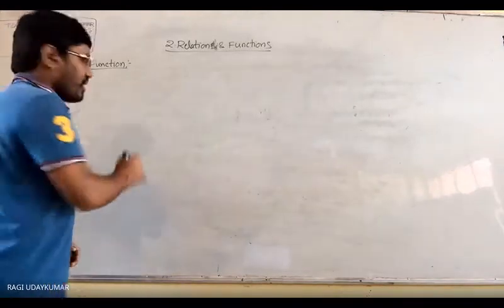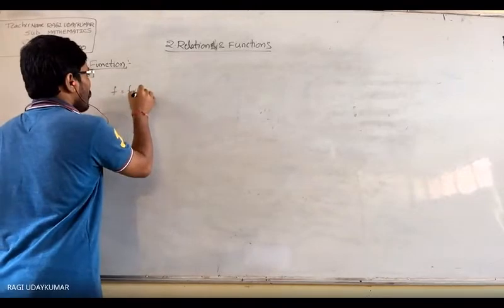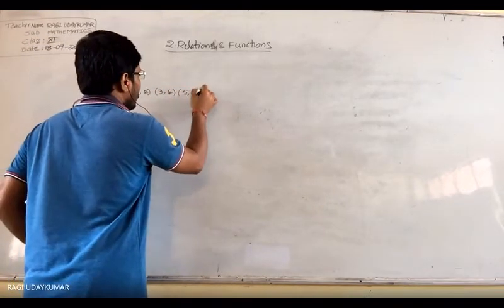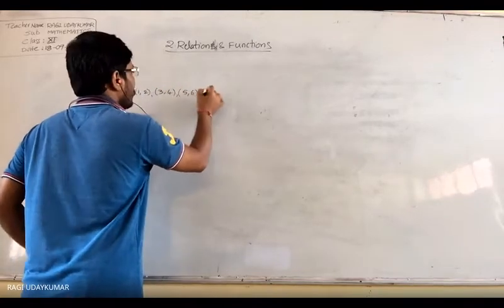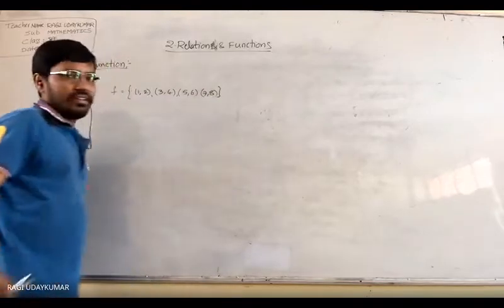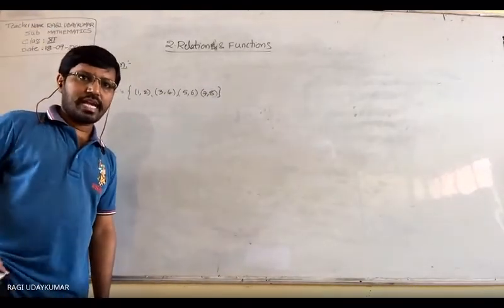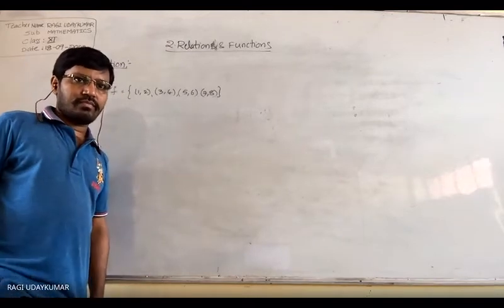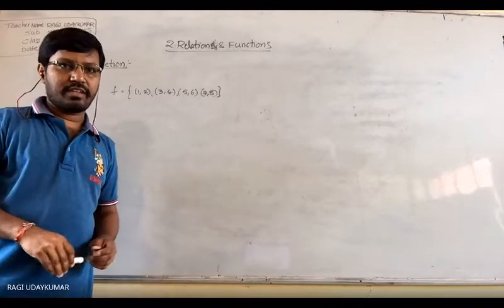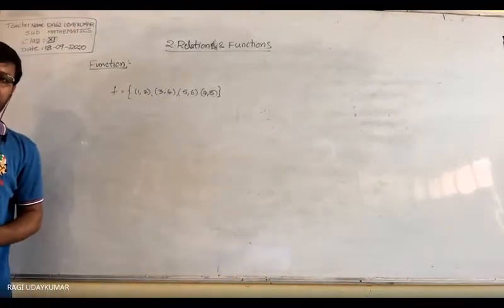Suppose a function is given to you like this: f = {(1, 2), (3, 4), (5, 6), (7, 8)}. Like this I have given. Whether it is a function or not is my question. Anyone of you please give a reply.